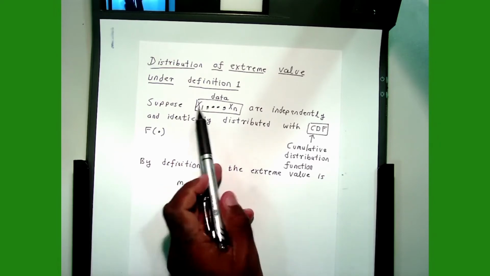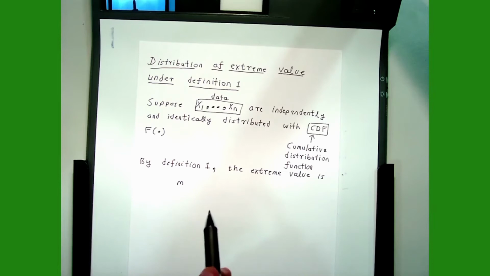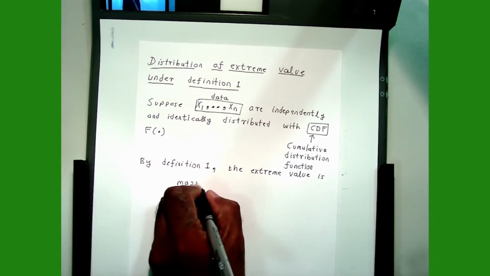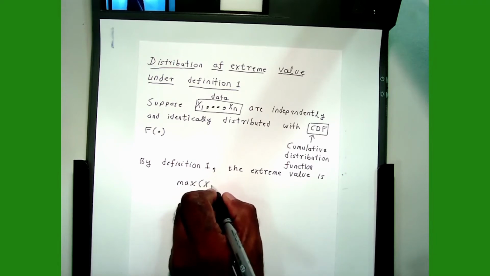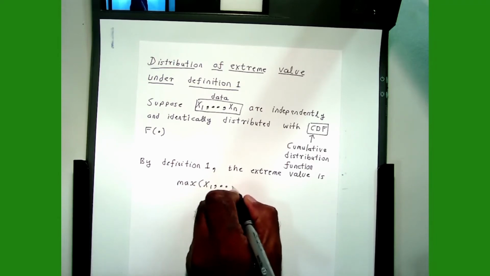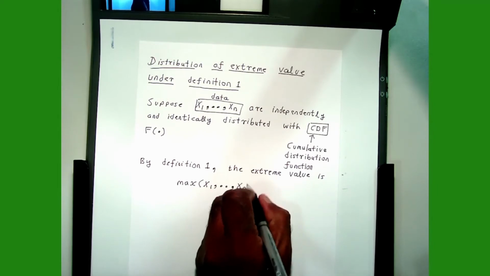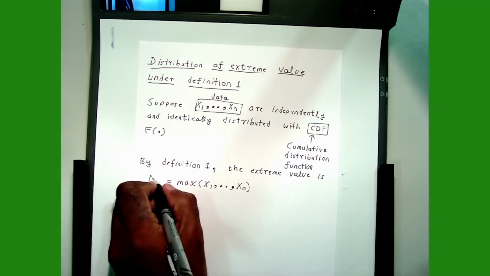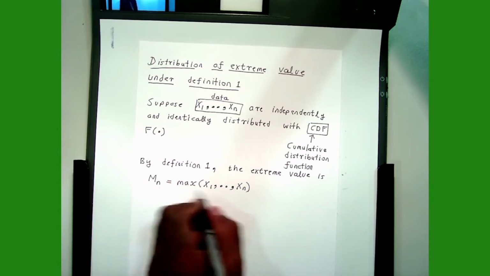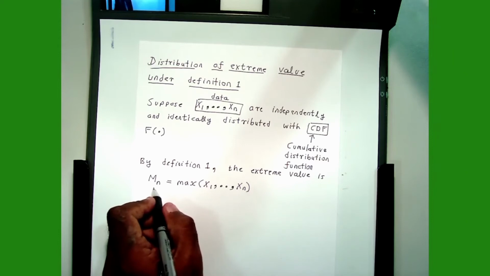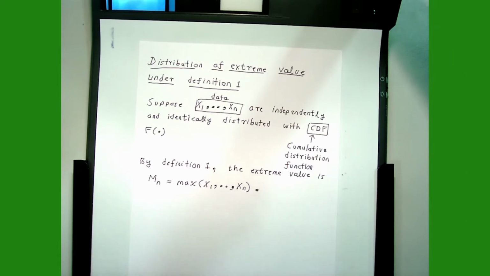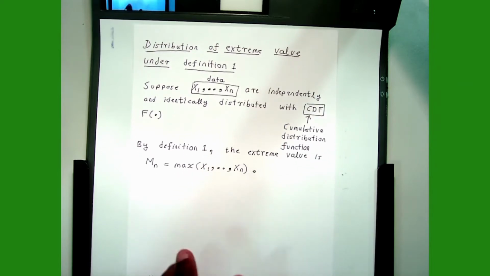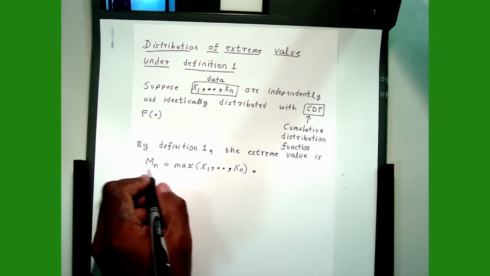So this is the data that you have. According to definition 1, we pick the largest data point, which is the maximum of x1 to xn. And I'm going to use the notation capital M, little n to denote this. So this is the notation I shall use to denote an extreme value under definition 1. Now I want to find the distribution of this guy here.